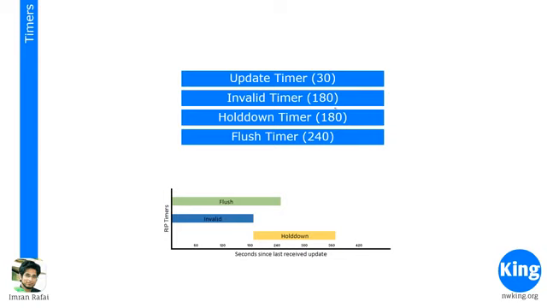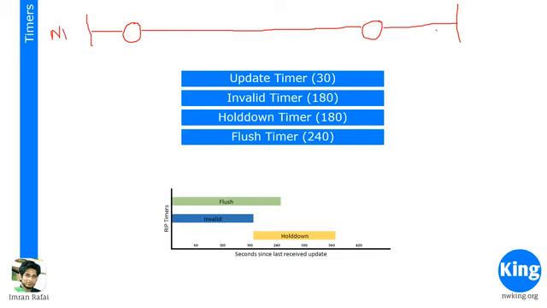Let's say this is router 1 and this is router 2, and this has a network here and this has a network here. This is N1, network 1, this is N2, network 2, and this is N3, network 3.